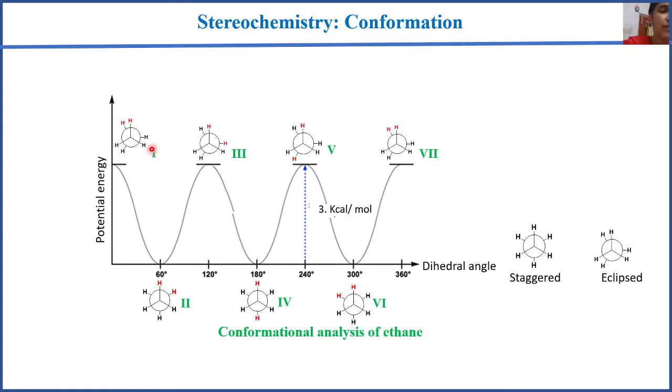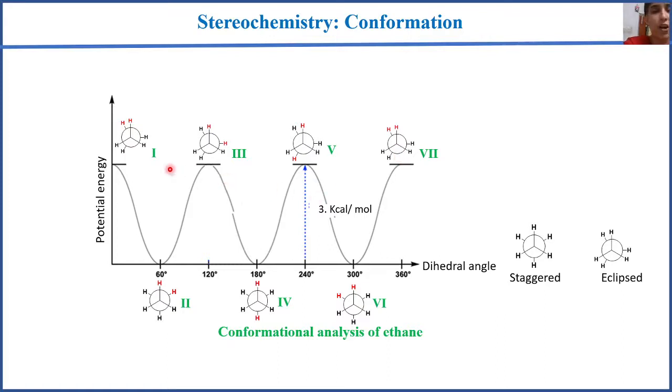If we start from this eclipsed conformation of ethane and rotate the back carbon by 60 degrees, keeping the front carbon fixed, we will get this conformer, which is 2 here. Again, when we rotate, this hydrogen can come over here, and after that here, and again 1 and 7 are identical.